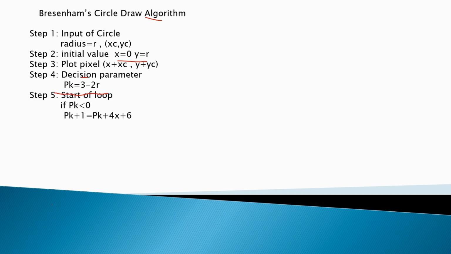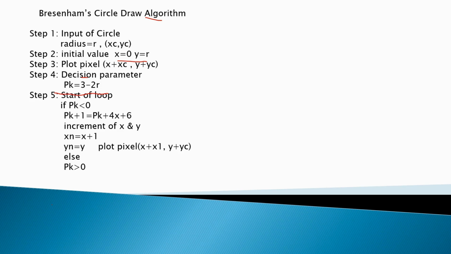That is pk plus 1 equals pk plus 4x plus 6. Here the increment of x is plus 1 and y is the same as the previous one. Now plot x plus xc comma y plus yc, that is the center.